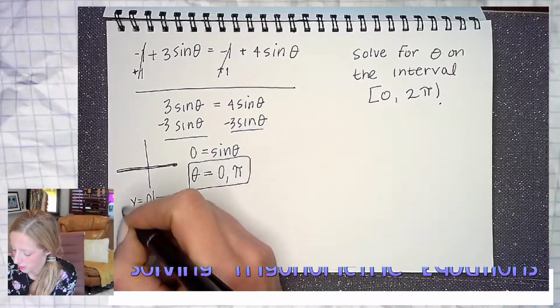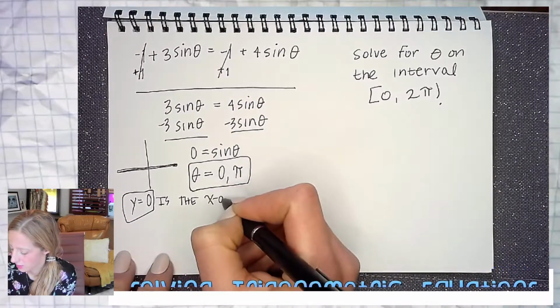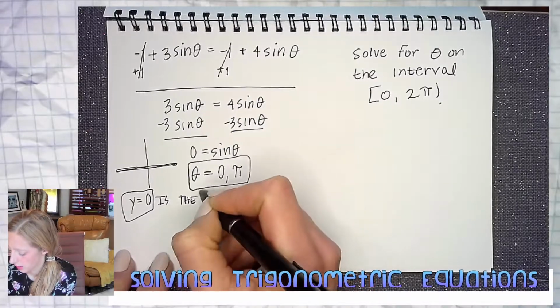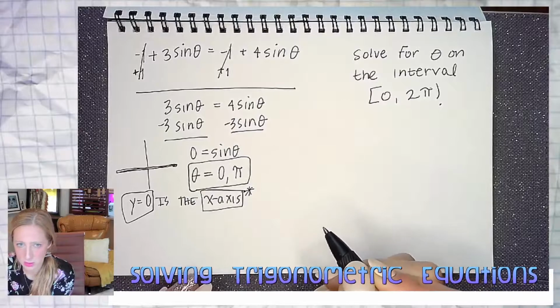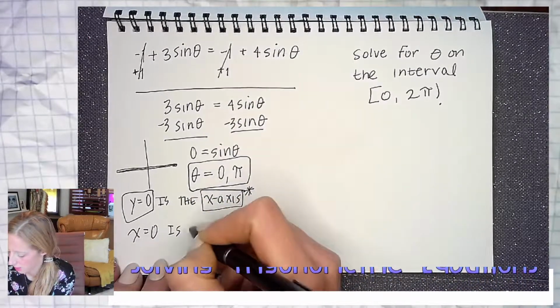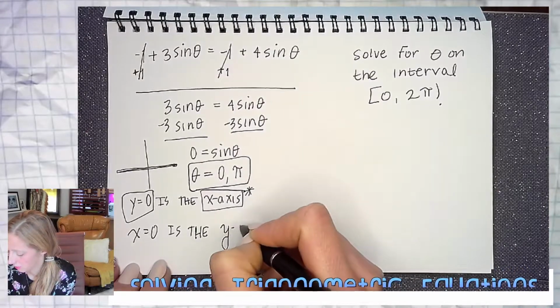y equals 0 is the x-axis. That's important. I feel like everyone thinks x equals 0 is the x-axis, but x equals 0 is the y-axis.